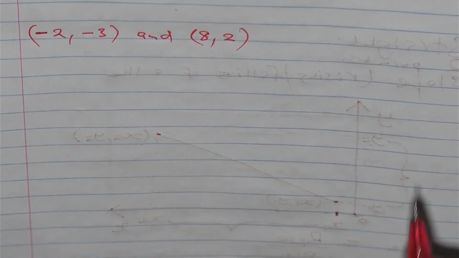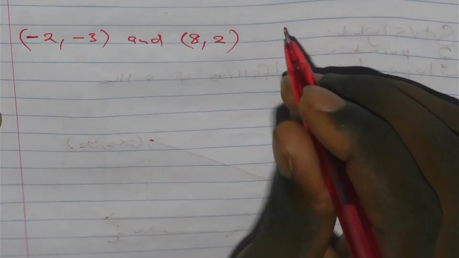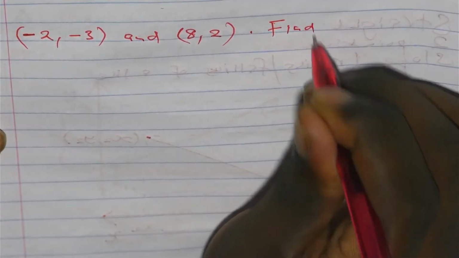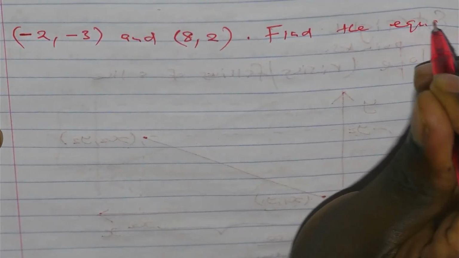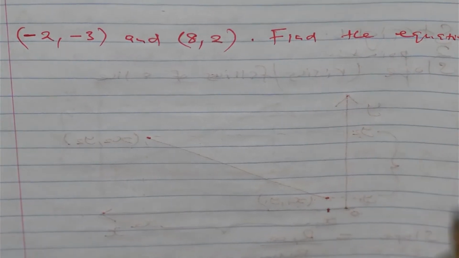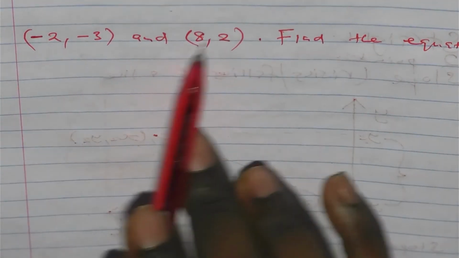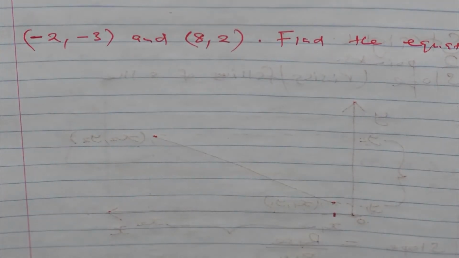So if we have these points and you've been told to find the equation of the line, remember a line is straight, it has 2 points, and it has a slope. So these are 2 points. If you join them, they'll give you something that is straight and it will have a slope, okay?